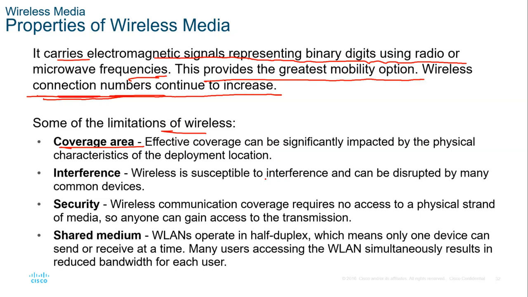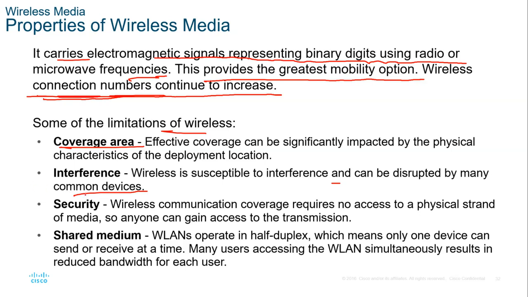Wireless is susceptible to interference and can be disrupted by many common devices, and not only devices, but also physical barriers like concrete walls, heavy machines, so many things. If you're traveling, yes, it supports mobility, but still there are places where the signals won't be picked.